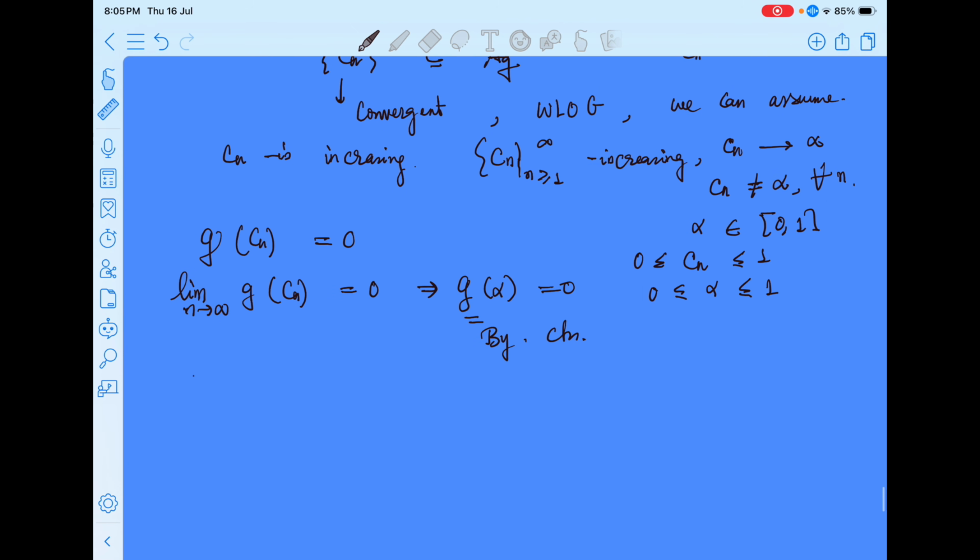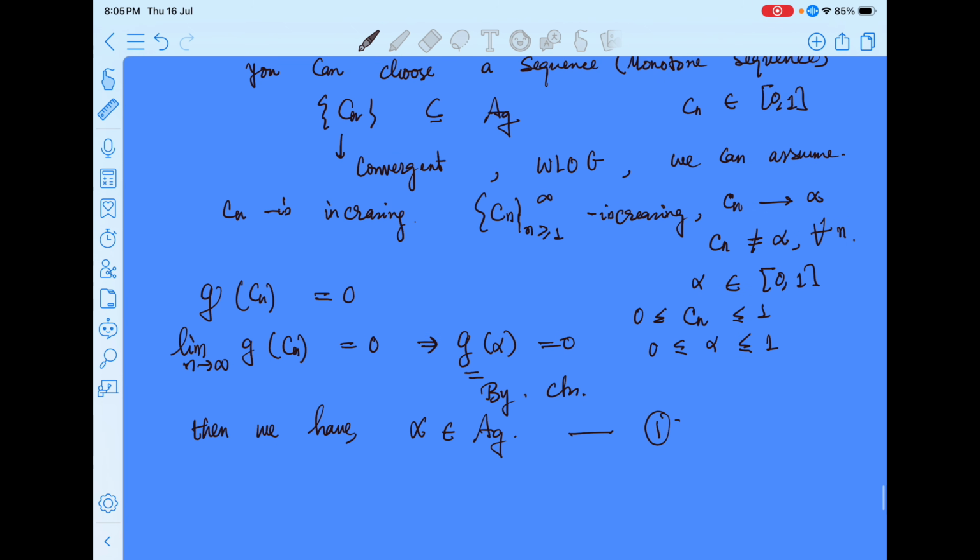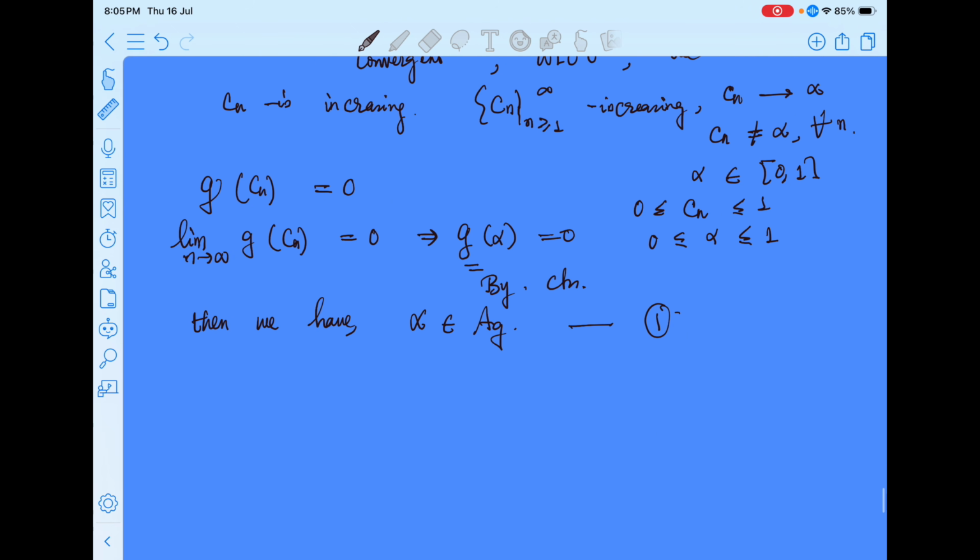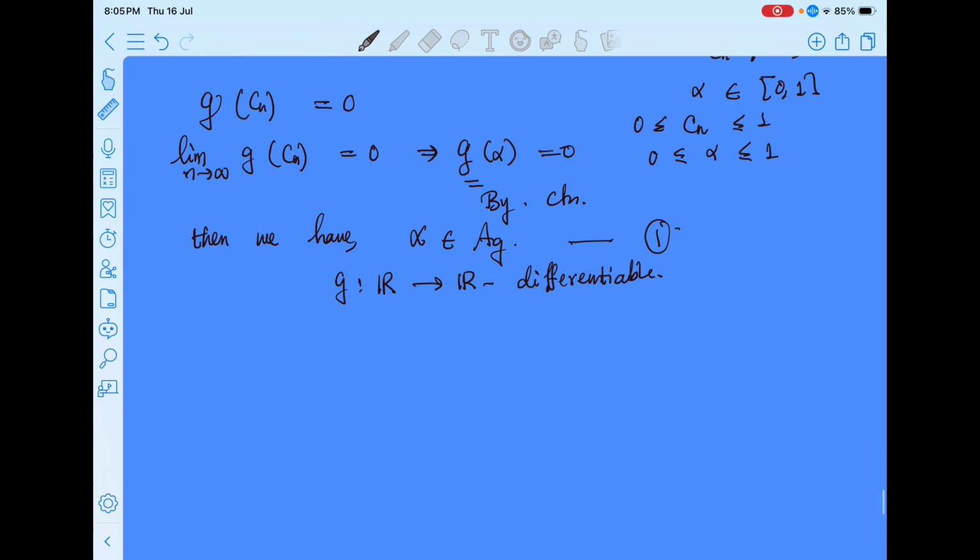So then we have alpha is inside AG. This is observation 1. And as given in the question that g from R to R is differentiable, then g prime of alpha exists.